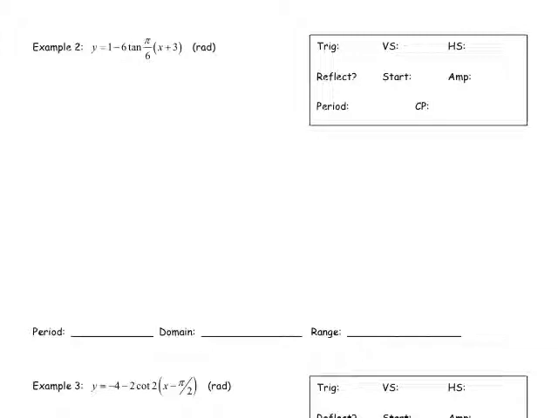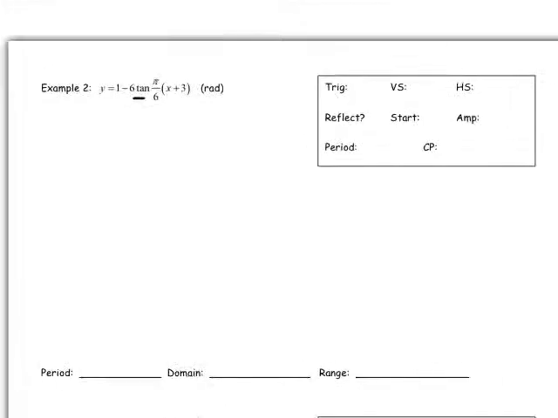Okay, so this trig function is tangent, and tangent of theta is the ratio sine over cosine. So we're going to graph cosine of theta, because that's in the denominator. So we will move up 1. We will move left 3.